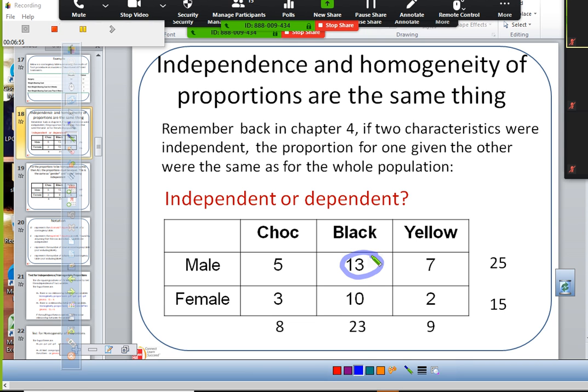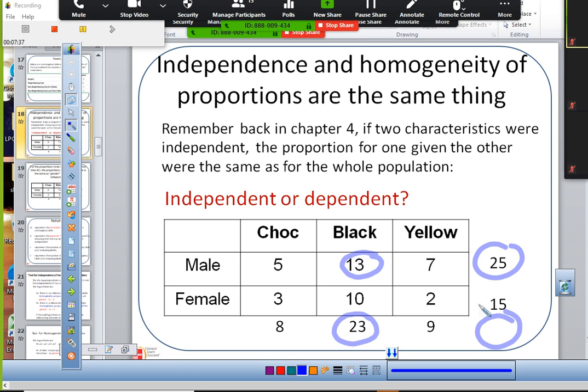Okay, now, if you guys remember, say we want to see if male labs and black labs were independent of each other. So we take the ratio, we take the black males compared to just the total black labs, and then the total male labs compared to the total labs, which is down here. That was 40, right?